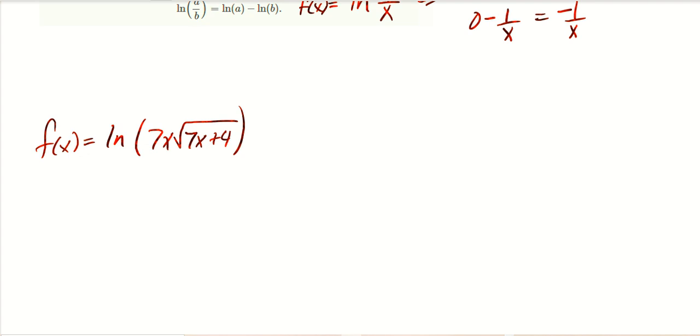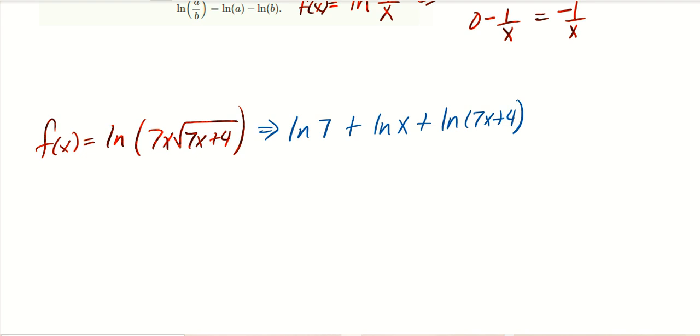So that means that 7 times x times the square root all use that product property. So we can rewrite this as the natural log of 7 plus the natural log of x plus the natural log of the square root of 7x plus 4.